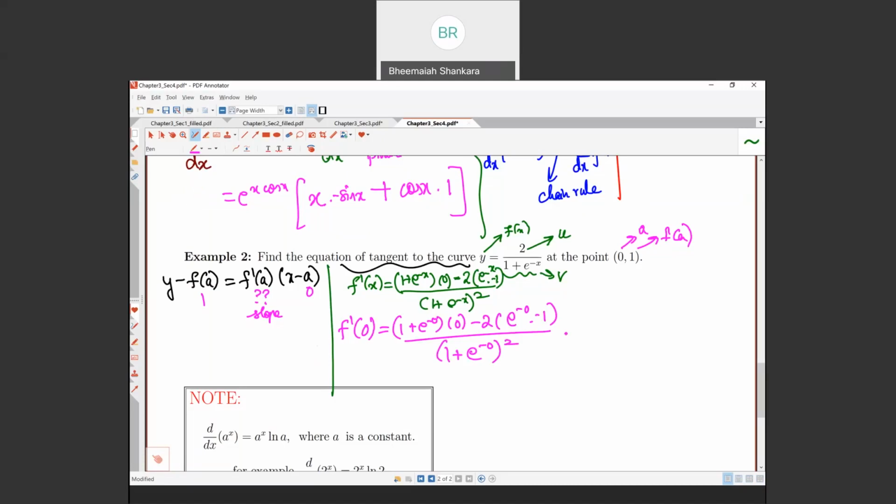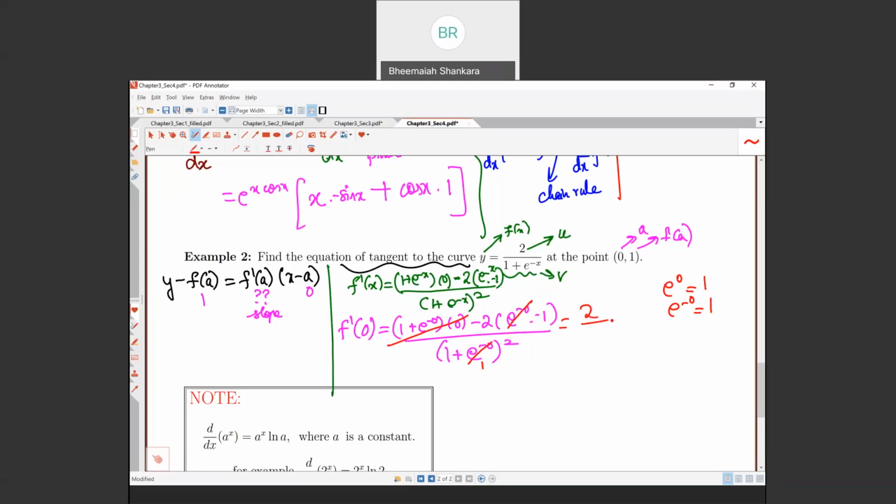The entire first term becomes 0 because 0 times any number is 0. Simplify the second term and you see that e to the 0 is 1, e to the negative 0 is also 1. So all these terms become 1. So when you simplify, 2 times negative 1, negative 2 and the negative sign gives 2. You have 1 plus 1, which is 2, squared, 4.